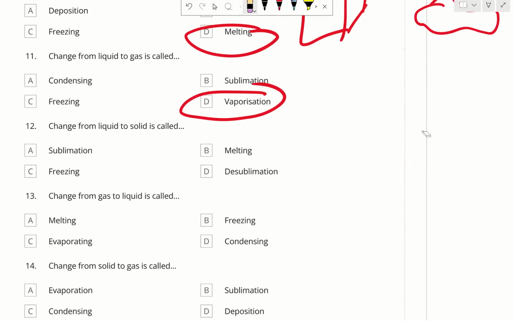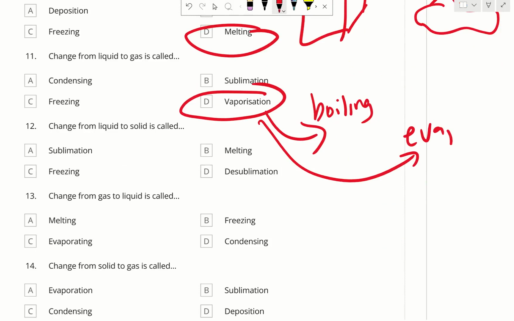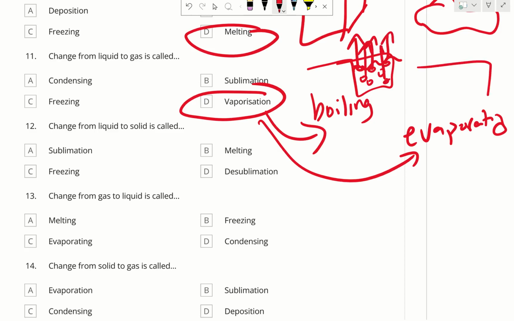Maybe you might have to know the difference between the two. There's two types of vaporization. There's boiling and there's evaporating. Say, for example, if I'm boiling up a pot of water, all of my particles are vaporizing. But when it's evaporation, maybe only the top layer is vaporizing.